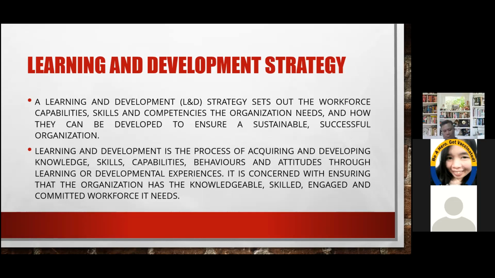The core of an L&D strategy will be meeting the organization's performance needs through the development of its employees. In practice, it may focus on those identified as high performing or high potential individuals who are critical to long-term success.